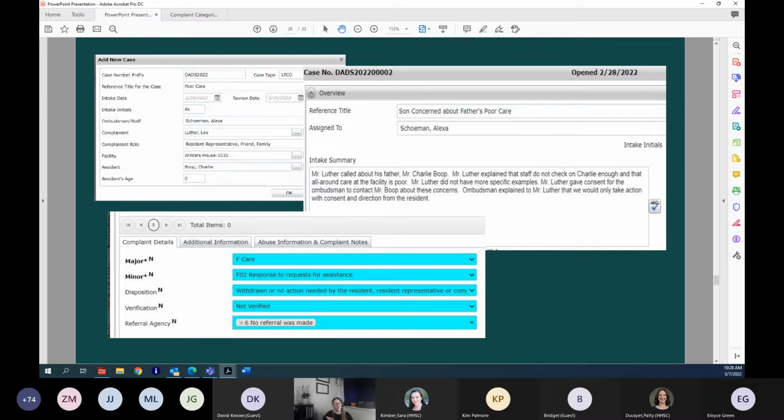It just shows you how to do an intake for a situation like this. Just to say how you got the complaint, what happened, and why you are choosing that this is a non-verified complaint and the disposition was no action was needed. But importantly, that it still needs to get entered into WellSky as a complaint.